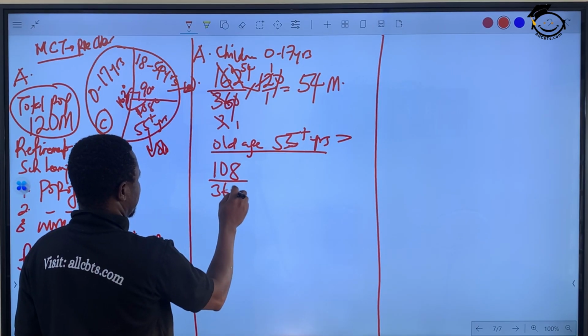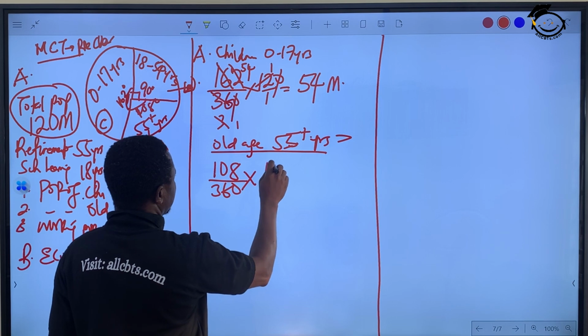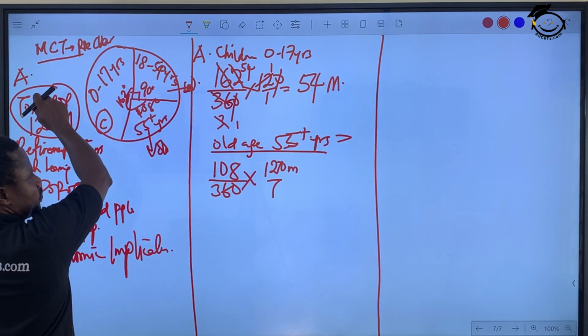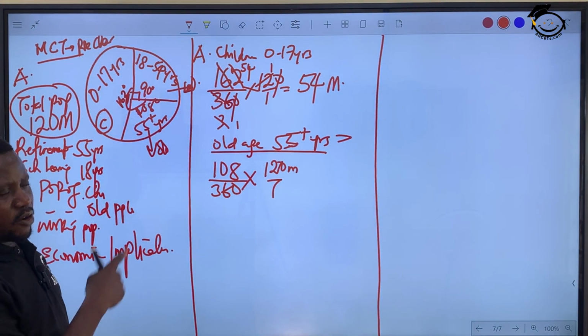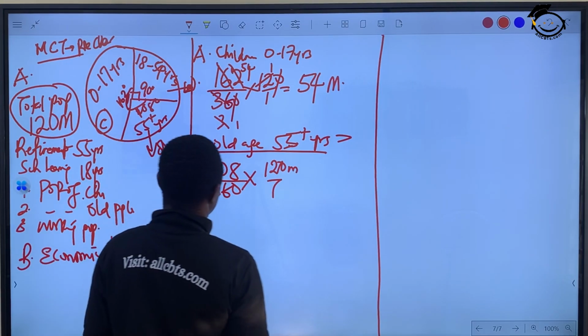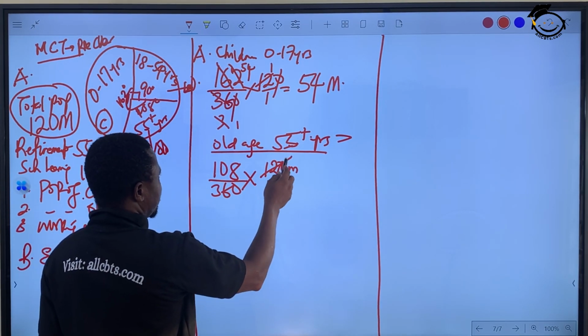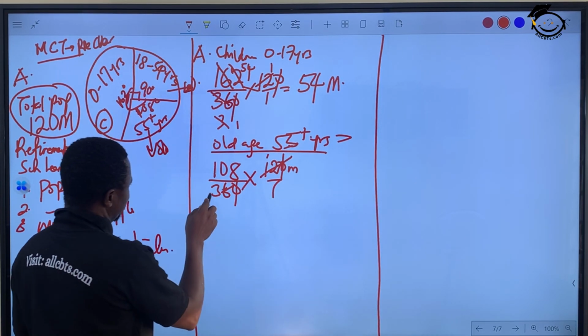Now out of 360, 108 are old age, times 120 million. That is the total population given to us. We are looking at the ratio of that population in degrees, now in real numbers. As usual, the way I did here, 120 here, or you can do 0 cancel 0. Then 12 here, 1. 12 here, 3.